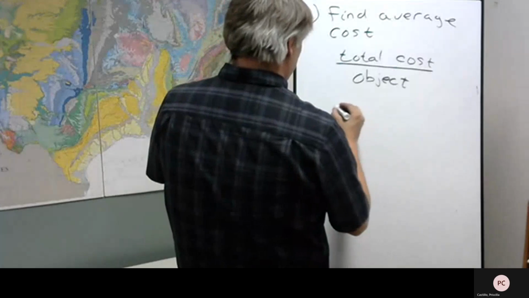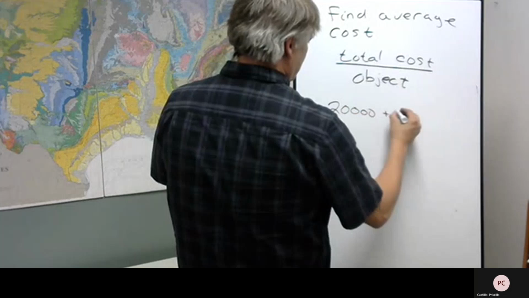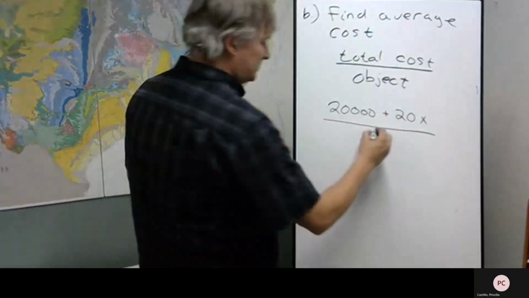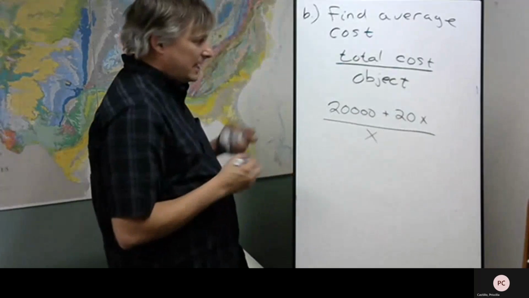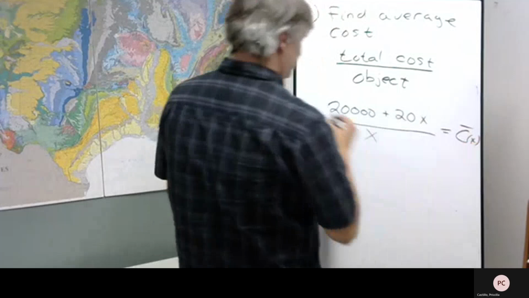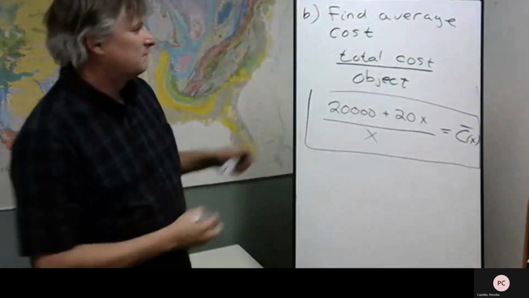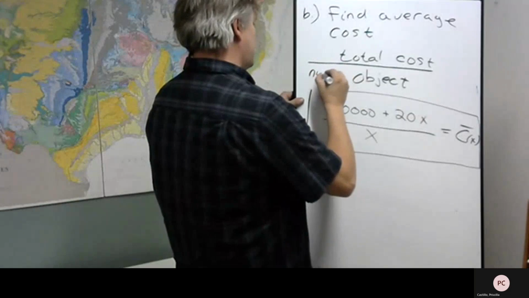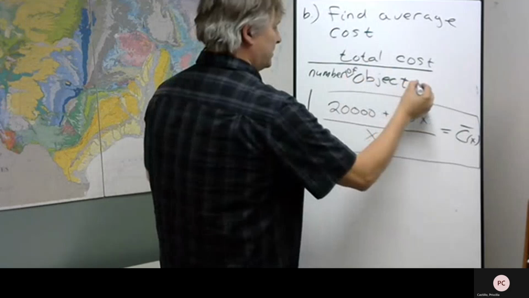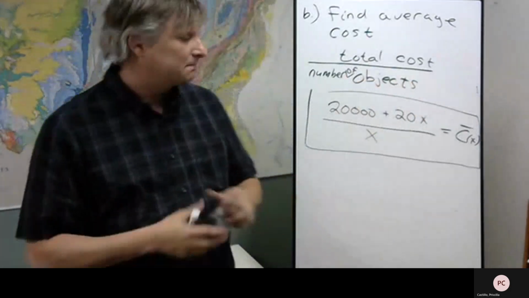So we take our total cost, which is 20,000 plus 20x, and then the total number of objects, which is x. And that's going to be our average cost. That will give you the cost per object on average.